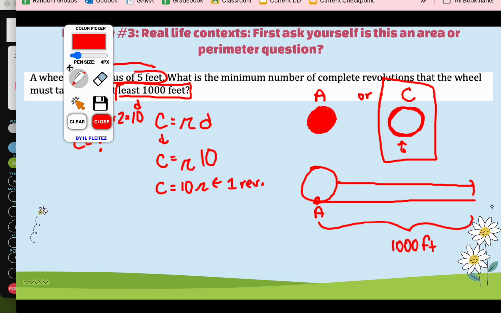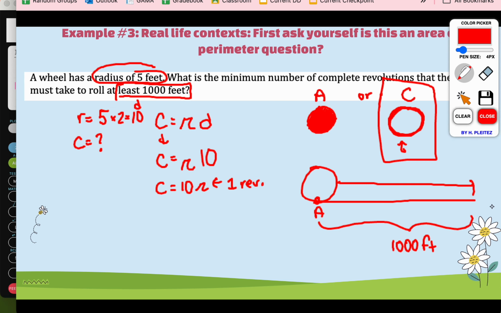But we want to know how many revolutions we need to complete in order to get 1,000 feet. So again, what this means is that with 1 revolution, if this wheel is spinning and ends up back with this point A at the bottom, we've gone 10 pi feet, which is like 31.4 feet. So what we have to do is take that 1,000 feet and divide it by our circumference.